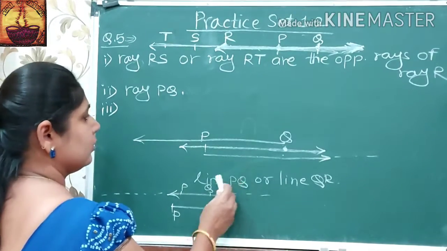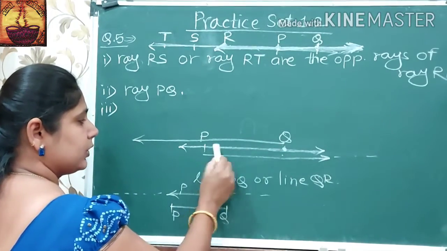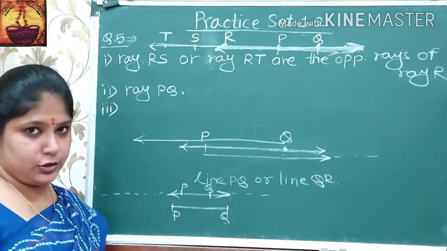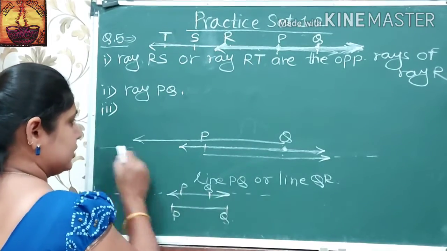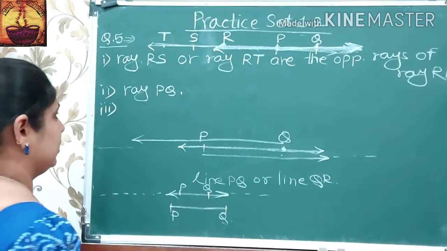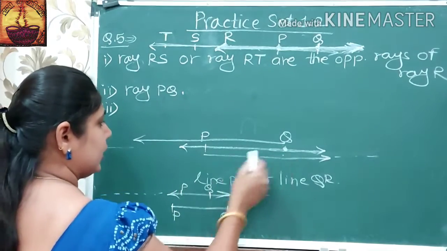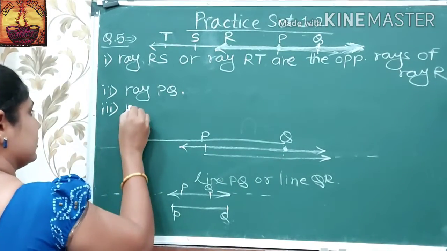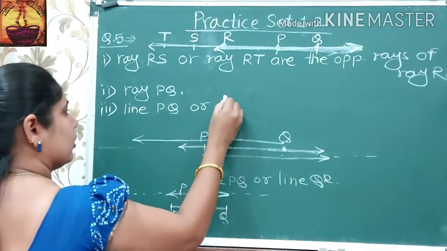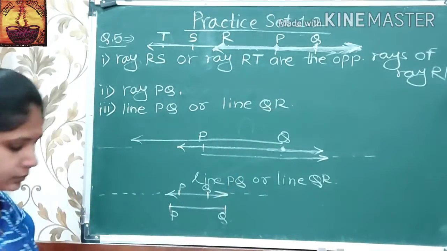Therefore, the union of ray PQ and ray QR is line PQ. It means that these points are infinite at both ends of the line. Therefore, we say that the union of ray PQ and QR is line PQ or line QR.